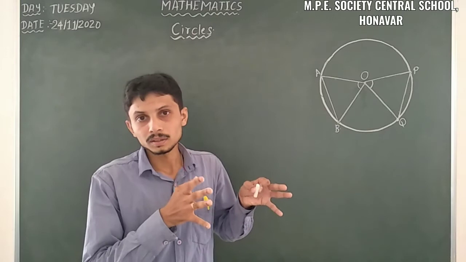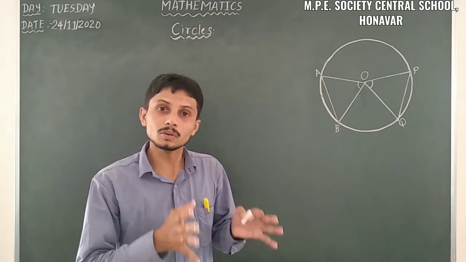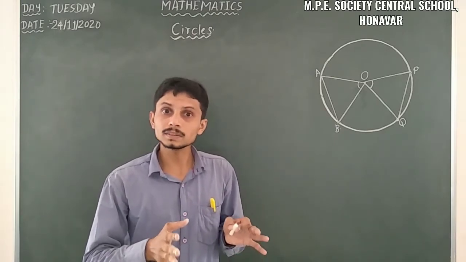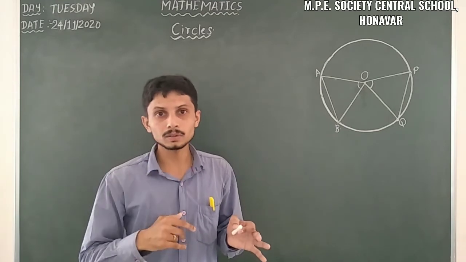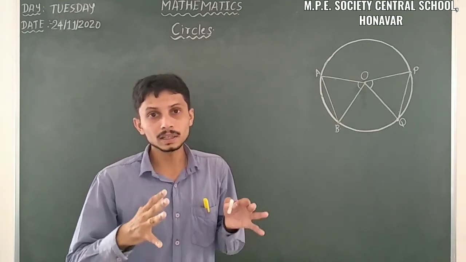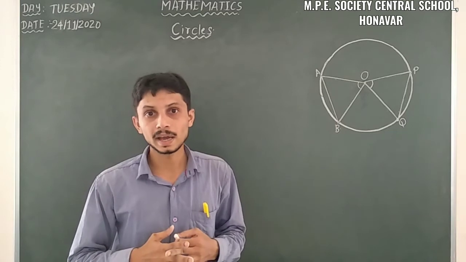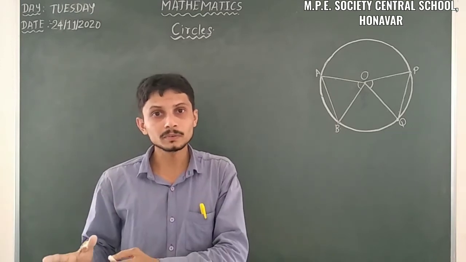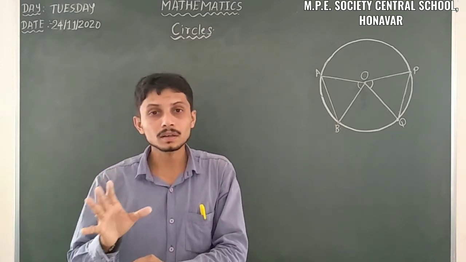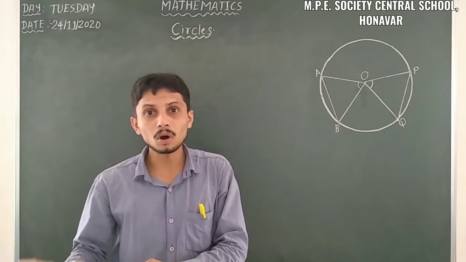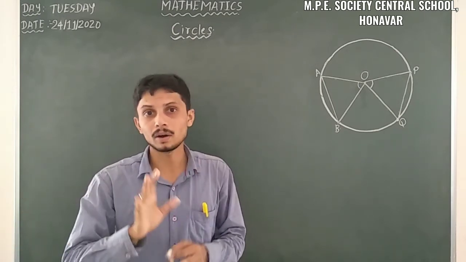In the first theorem, equal chords are given, but in Theorem 10.2, the converse, it is given that the angles subtended by the chords of a circle at the center are equal.